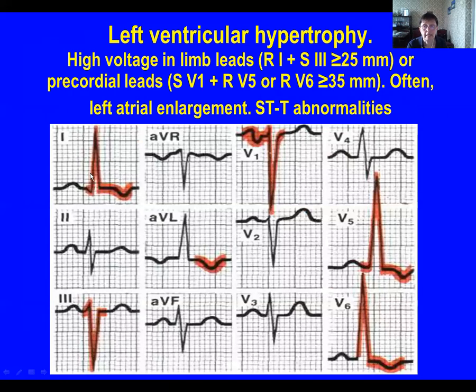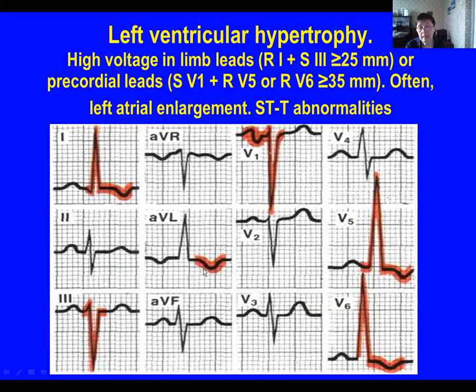How can we assess left ventricular hypertrophy? First of all, on the ECG, you see high amplitude of the R waves in the left leads, which are I, aVL, V5, and V6. And we see deep S waves in the third lead and in lead V1.